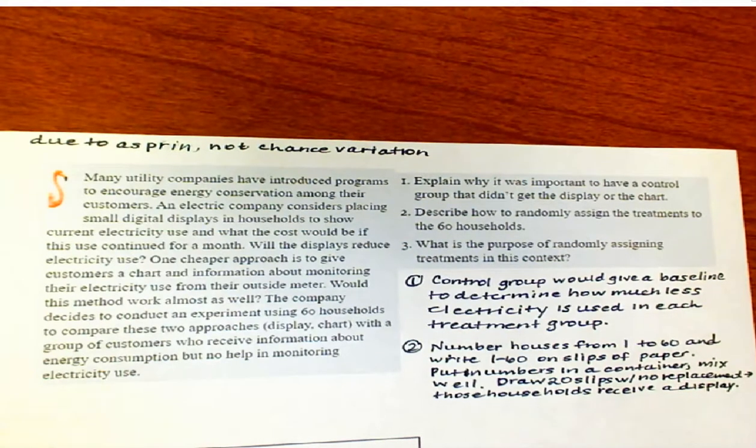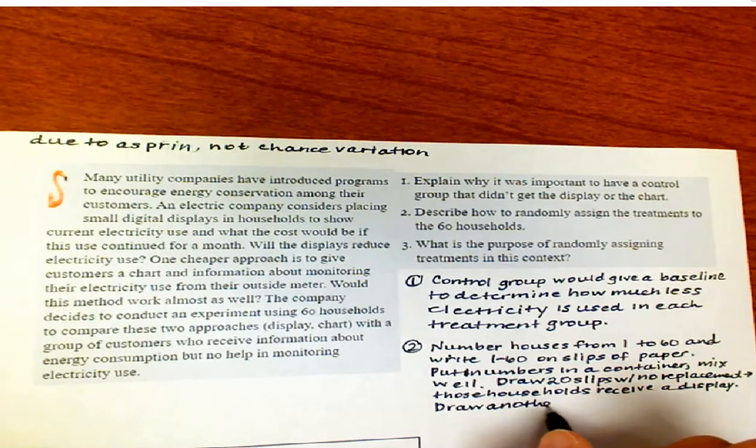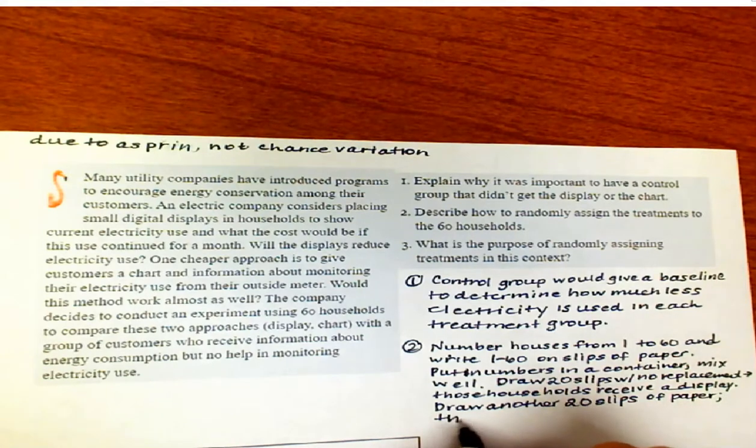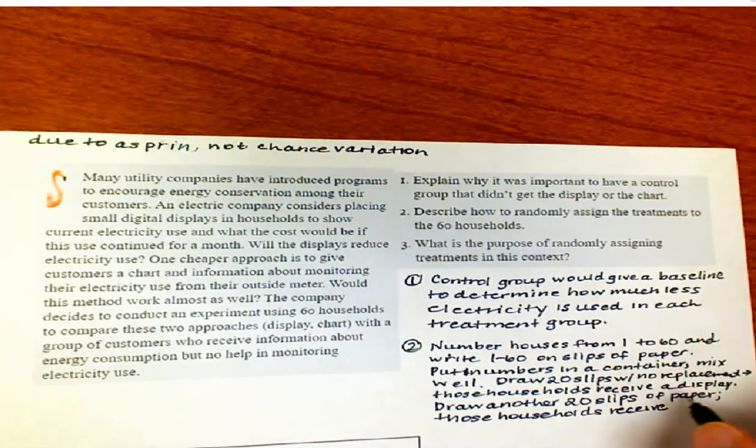And then draw out another 20 slips of paper. Those households receive a chart.